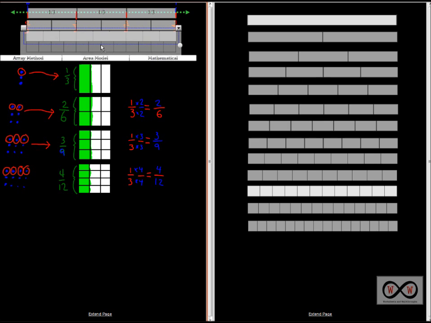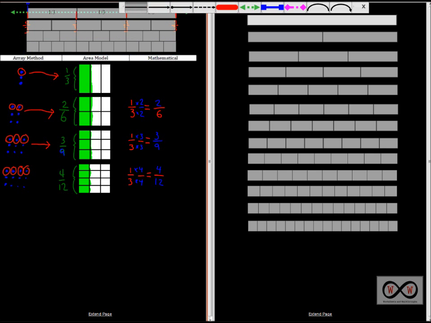Ooh, and it jumped on me. That's all right. All right, so now we should see 4/12 equivalent to the previous fractions we mentioned. So 1, 2, 3, 4, and look at that. And you can see that right there, right through here. Boom, boom, boom, boom, boom. They are all equivalent. You can see them all right there.